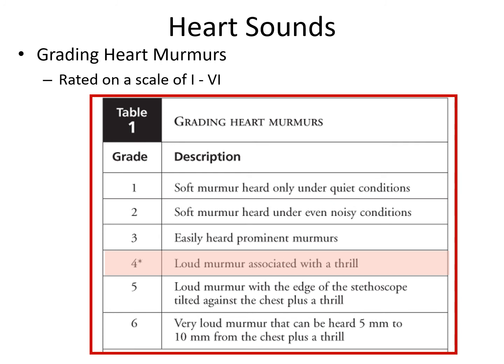I have highlighted grade 4 because I have seen questions in nursing related to what grade of murmur can you associate with a thrill, and the answer is grade 4. That's when not only can you auscultate and hear the murmur, but you can also feel a thrill.